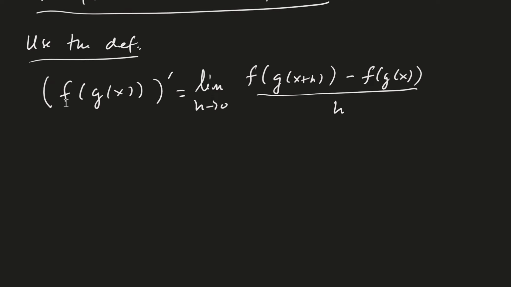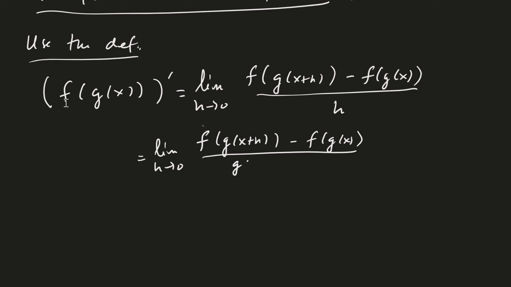And so one way to really get at that is I'm going to multiply and divide by the same number. And so I'm going to multiply and divide by g of x plus h minus g of x.